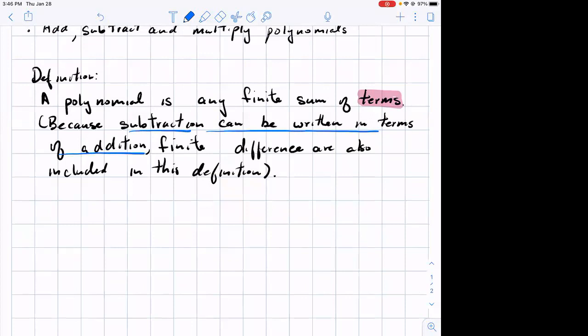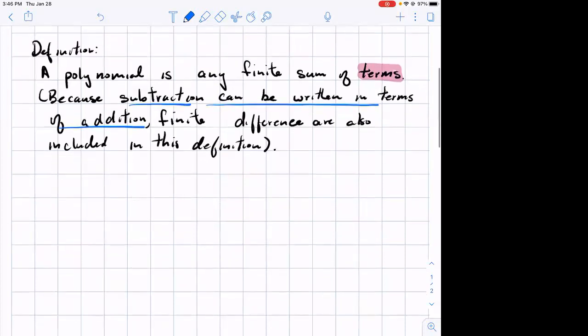What does that mean? Well, what it's really saying, I can have 3 plus a minus 1, right? And this is the same as if I say 3 minus 1. So that's why we say subtraction can be written in terms of an addition, because here we're adding, okay?